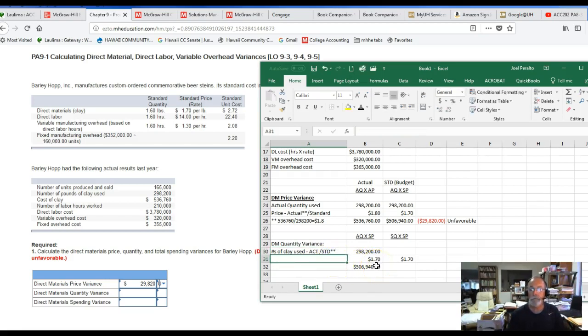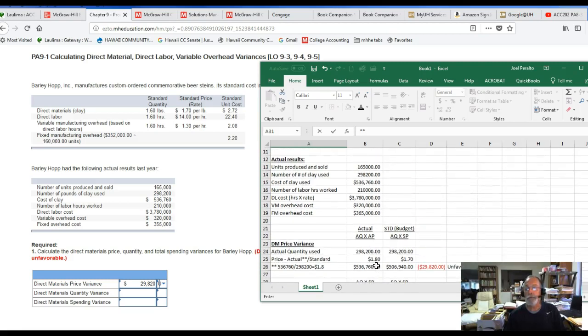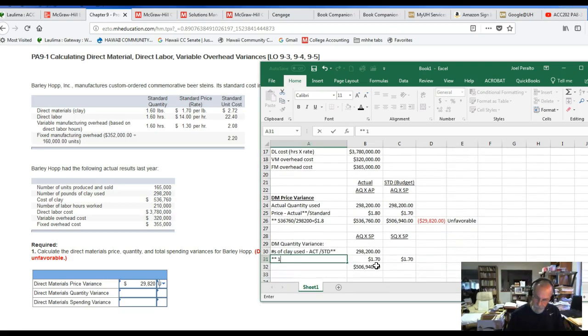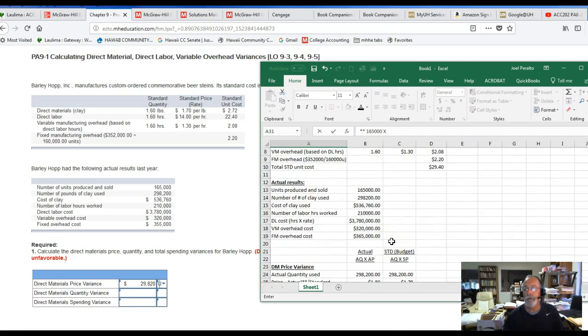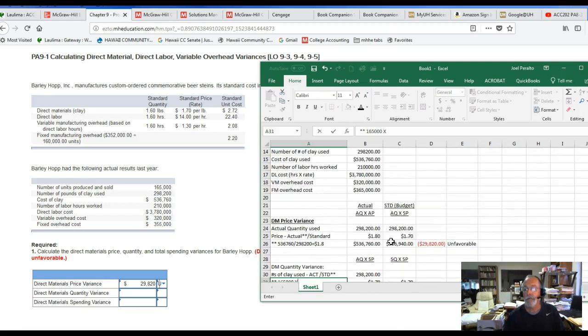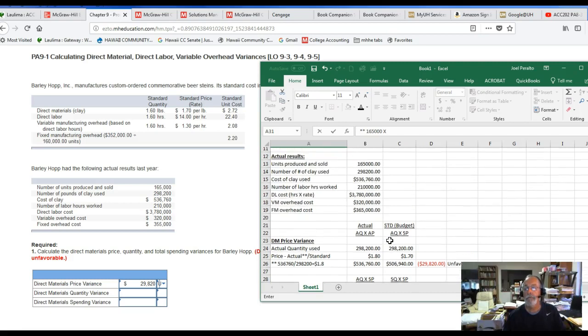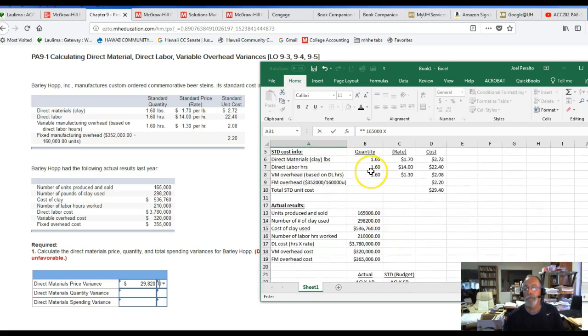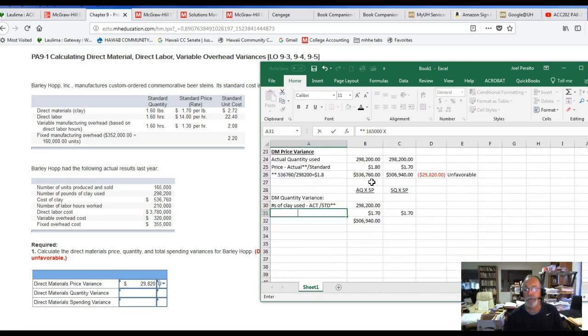Okay, so we got calculation. Units produced and sold 165,000 times our standard pounds per unit is 1.6.